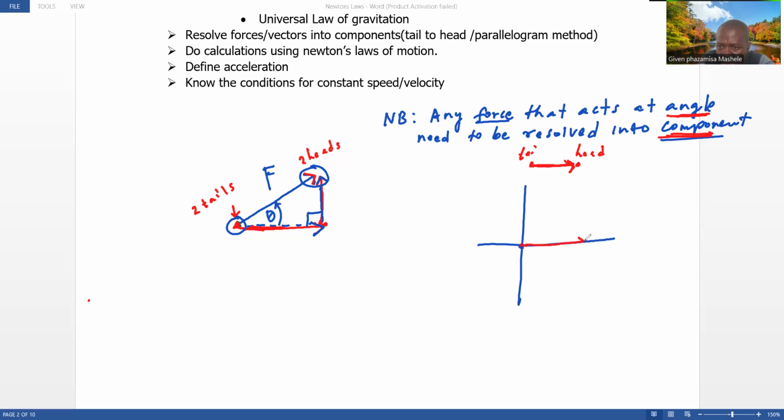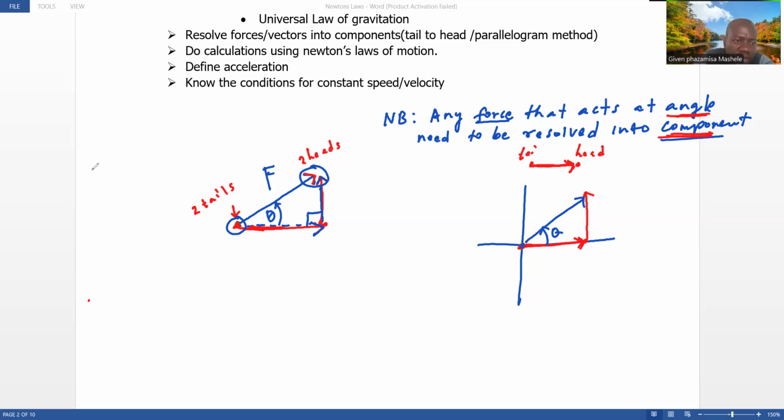From here, I put another tail, then head up. Then this is what we're going to have. So it's tail to head, tail to head. Now, where's my resultant? My resultant is from the starting point to the finishing point. So you see that the angle that I was actually talking about is the theta.